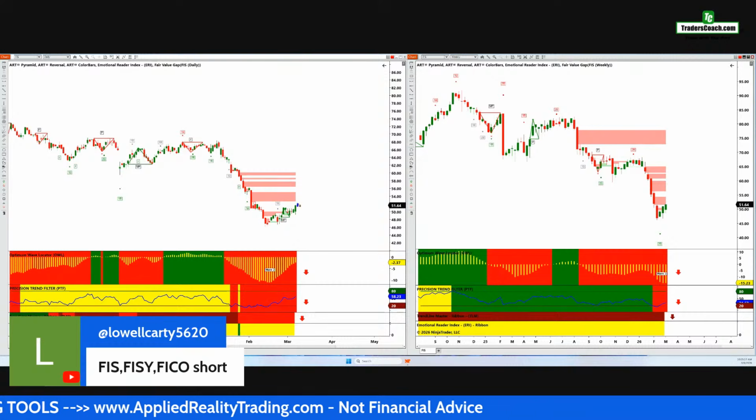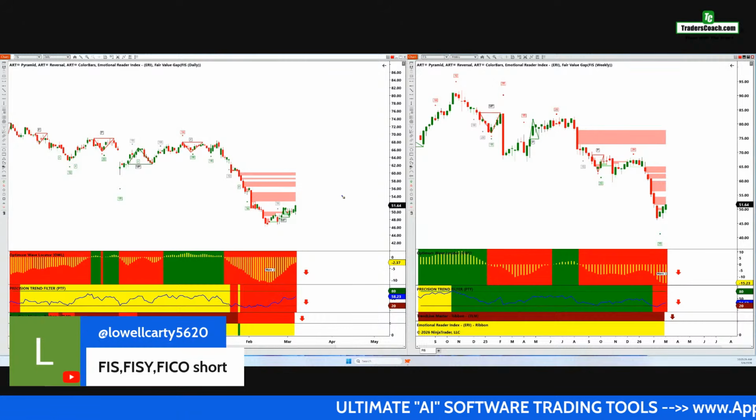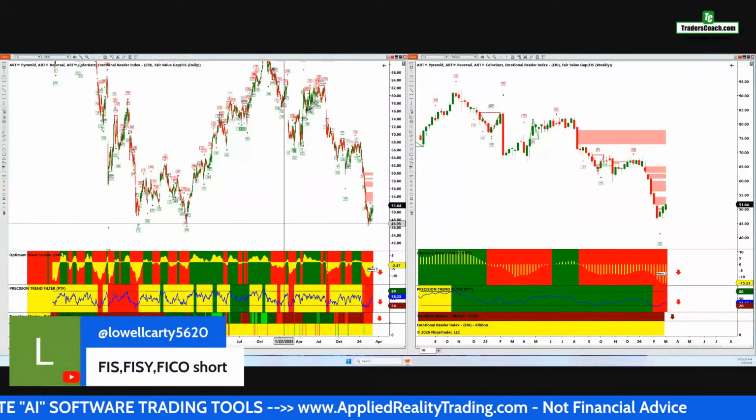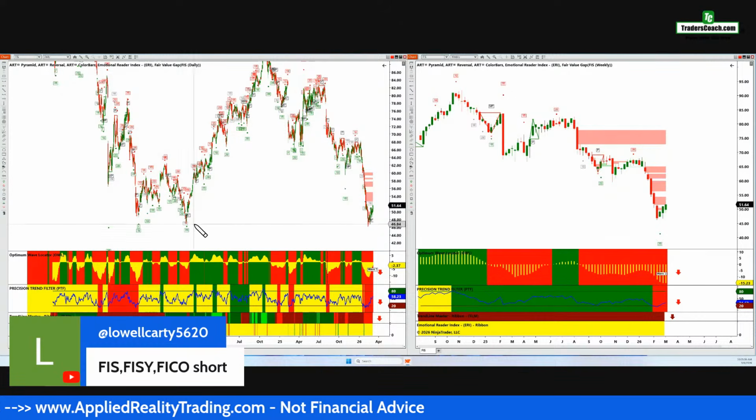My thing is I think we're going to get a bounce. We've got to rebalance. When you have multiple fair value gaps on both these time frames, it's hard to know exactly which one it's going to stop at. There's probably some people who are more skilled than I am who may actually be able to tell you what to do on that.